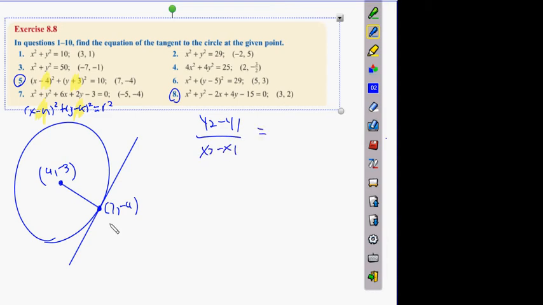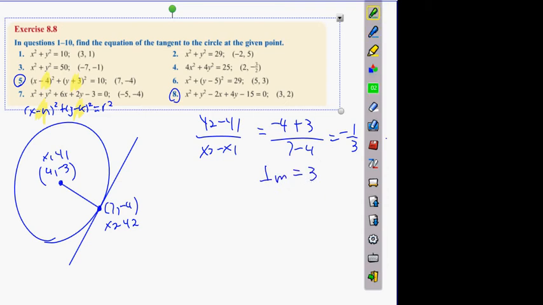Let's call that x2 y2, x1 y1. Put it in, and what we're going to get is minus 4 plus 3 all over 7 minus 4, which is minus a third. Turn minus a third upside down, 3. So the perpendicular slope is 3.